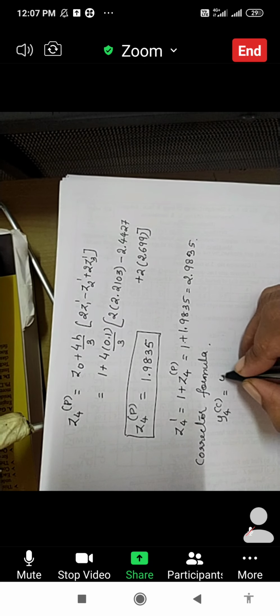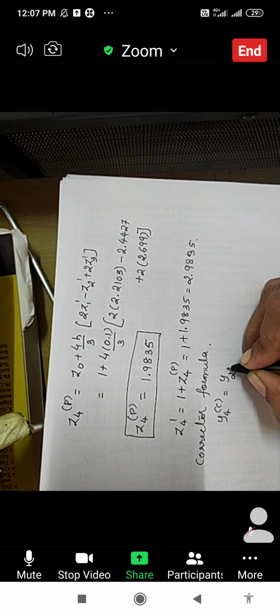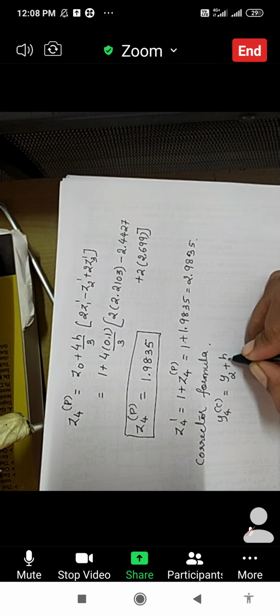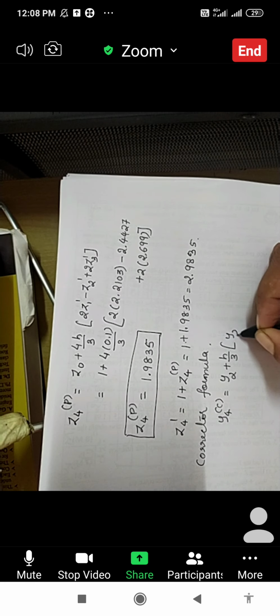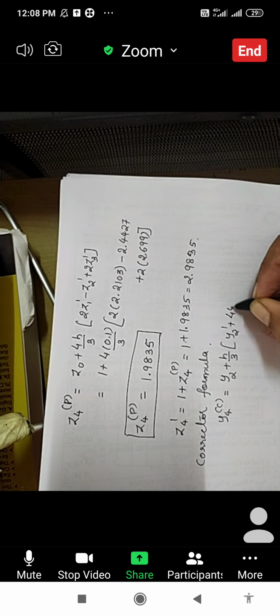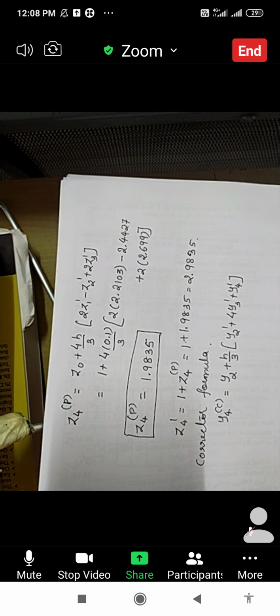Y4 is y2 plus h by 3, y2 dash plus 4 y3 dash plus y4 dash.